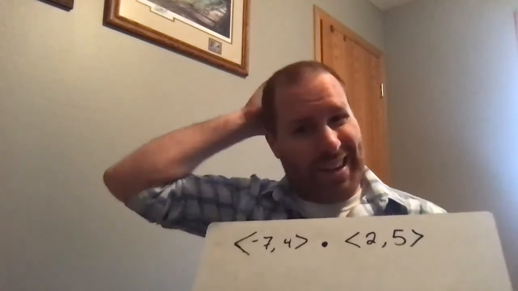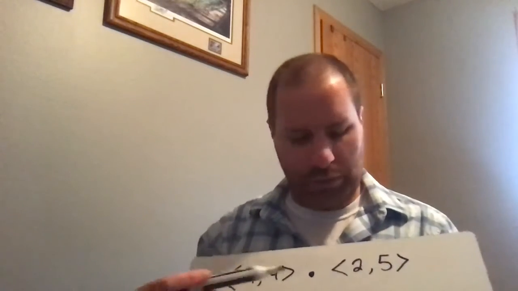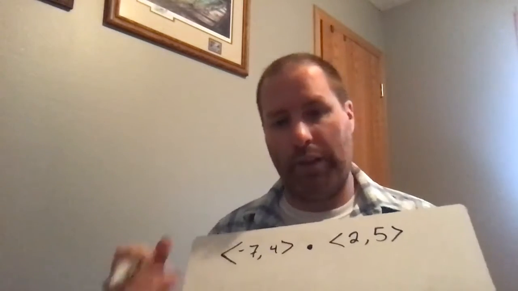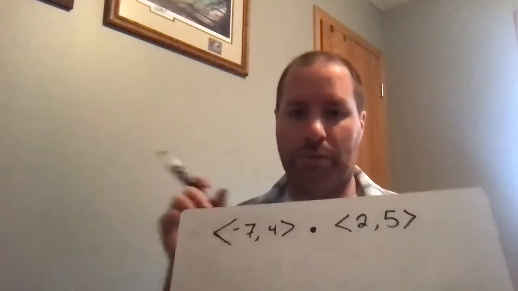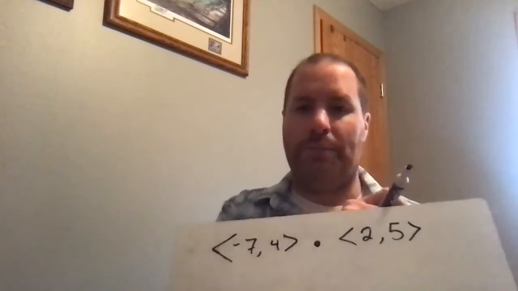But how we do the dot product is we multiply the corresponding components and then add the results together. So the dot product in here would be -7 times 2 and 4 times 5, and then we would add those results together.